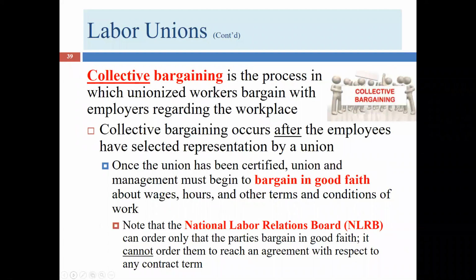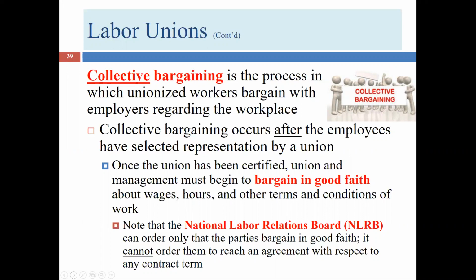And there literally is an election in the vast majority of cases. Typically what happens is a group of workers in that facility either are contacted by a union or contact a union and say, we're interested in exploring affiliating with you. And then a campaign starts, and it is literally just like a political campaign.